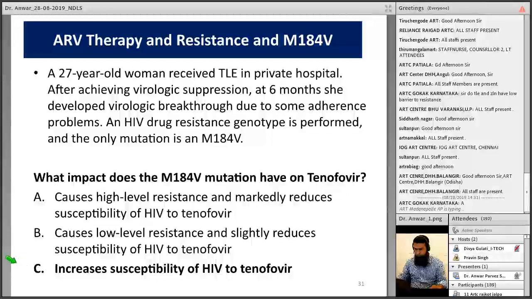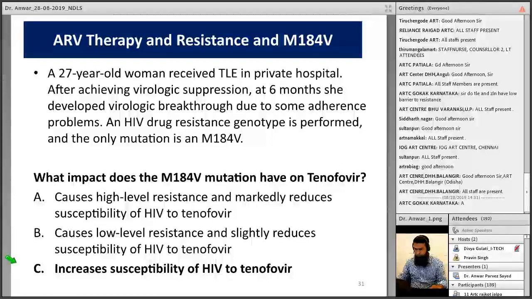Now this is one thing I know why Gokak ART Center responded A, because if you look at TB bacilli, for example, and you do resistance testing in TB, usually they will give the result as resistant to this drug and that drug. But in ART that doesn't work.